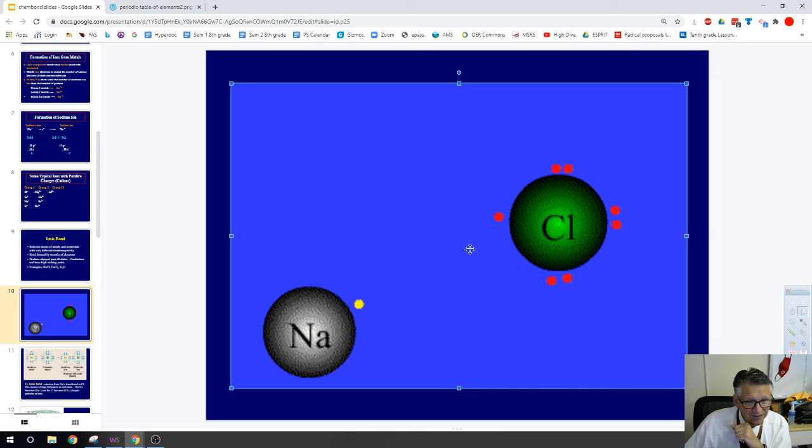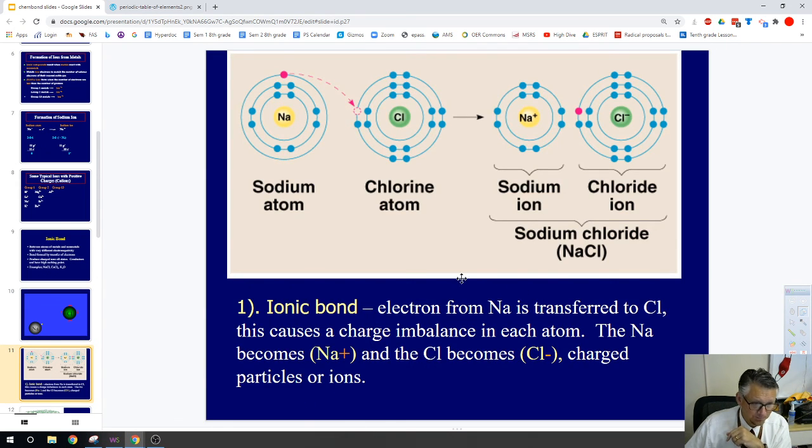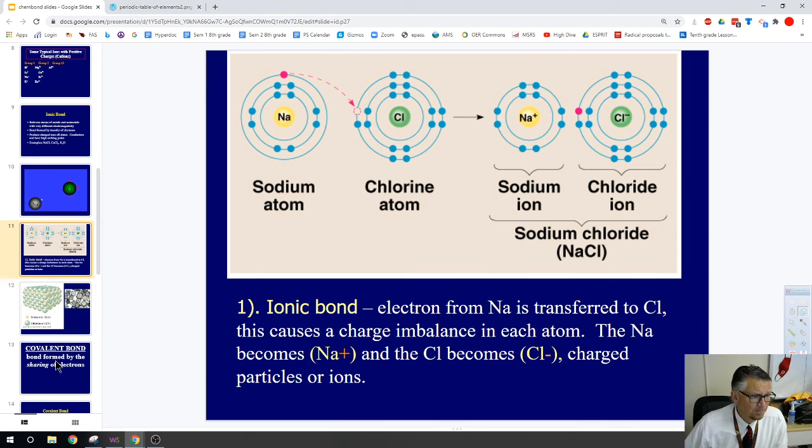When it gives that electron away, chlorine will become negatively charged, sodium will become positively charged. And here's a diagram showing that sodium is going to give that electron away. It's going to have a positive charge, chlorine's going to have a negative charge. And it's that opposite charge that keeps them together.